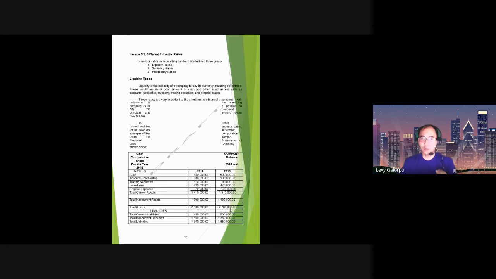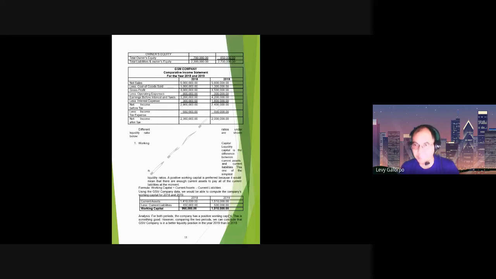Okay? Comparison. Ayan. So, example ito, yung balance sheet. We have the assets, at saka we have the liabilities, at we have the equity for 2018 at 2019. Compare sila using the same formula. Sabi ko nga, to determine which gives the better result. Okay? By analysis.